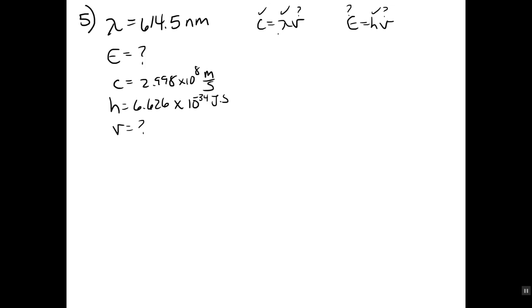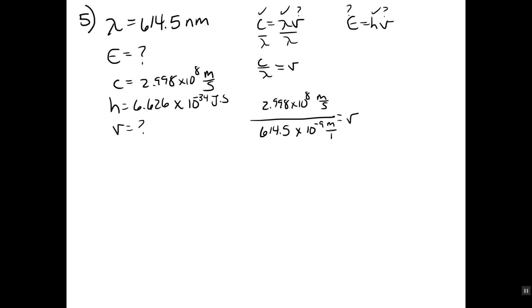So I want frequency by itself, so I'm going to divide both sides by wavelength, and that's going to give me C over wavelength is equal to frequency. And now I plug those values in, 2.998 times 10 to the 8th meters per second over the wavelength, which is 614 nanometers. And again, you could just write 614.5 times 10 to the negative 9th meters over 1, and that's going to be equal to the frequency.